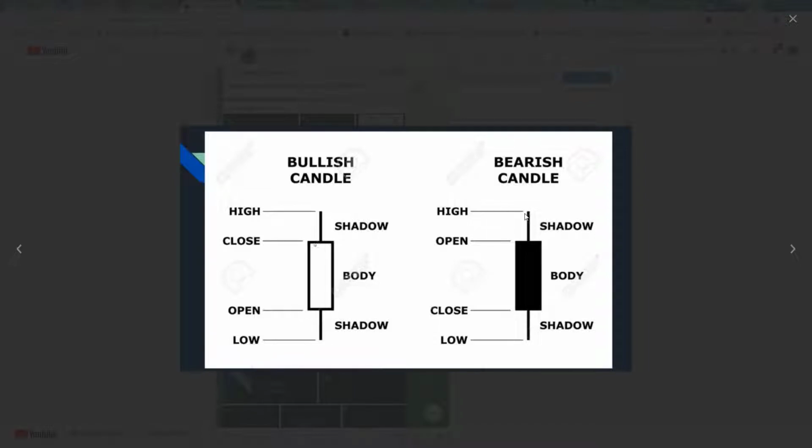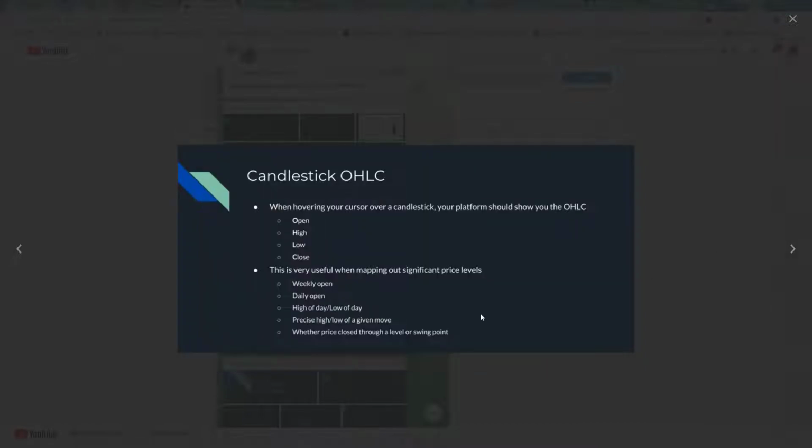Bearish candle, basically the same thing. Only thing is it opens and closes opposite, because bearish candles move down, so they open at the top and then they move down and close lower. So again, your wicks give you the entire price action over that hour period. This is the OHLC, and I'll show you that in a second.